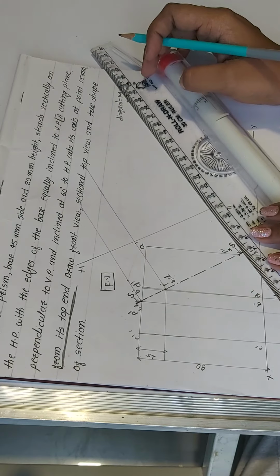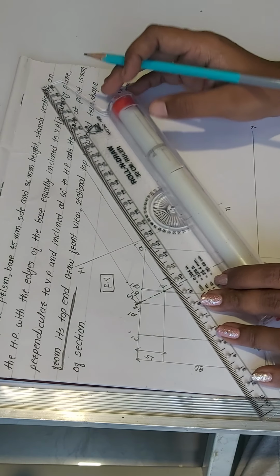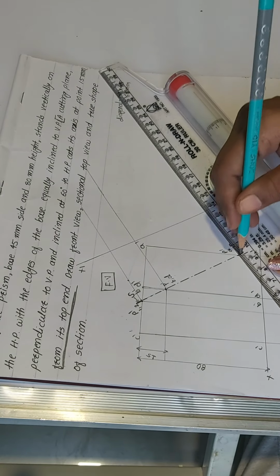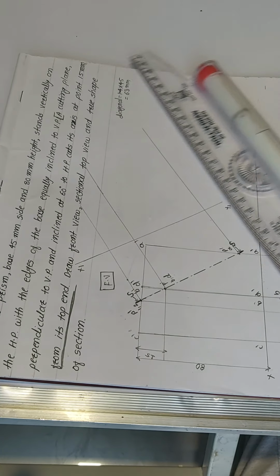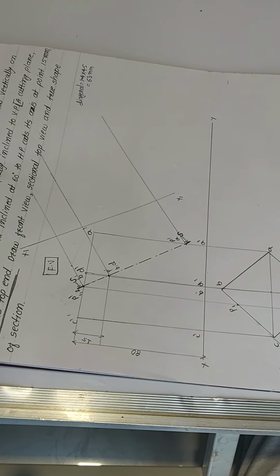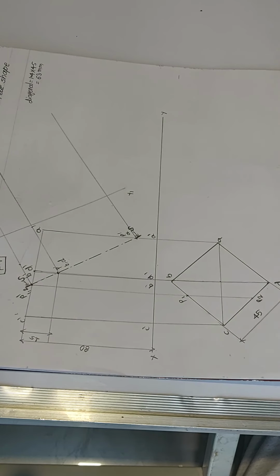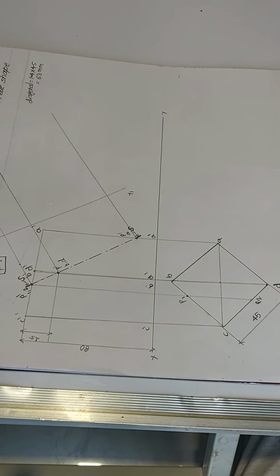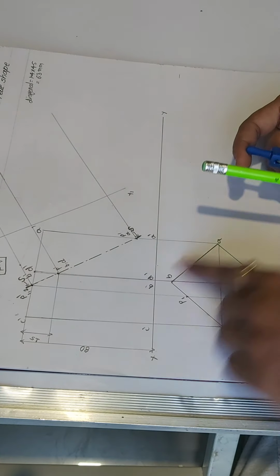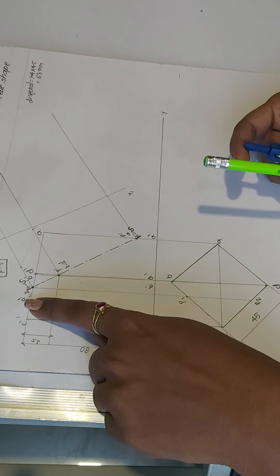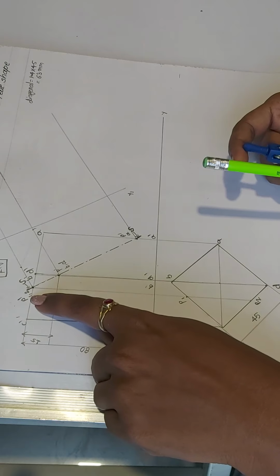At last, parallel to the previous one, you have to transfer the next one, P dash A. Then, for getting the true shape, you have to mark the distances from xy. So first of all I am marking P dash 1 or P1.